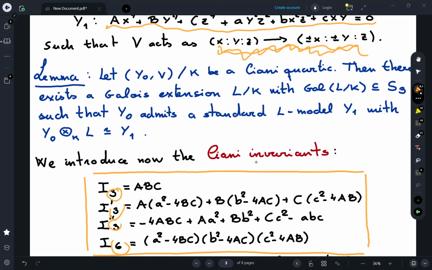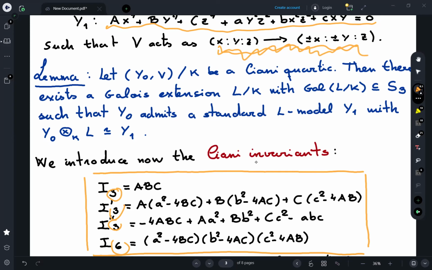And maybe this is going to be my only opportunity to talk about at least modular forms and not automorphic forms. If you take the Ciani quartics as complex curves, and you look at their Jacobians inside A3, the moduli space of principally polarized abelian varieties of dimension 3, then the invariants can be pushed forward as Siegel modular forms.